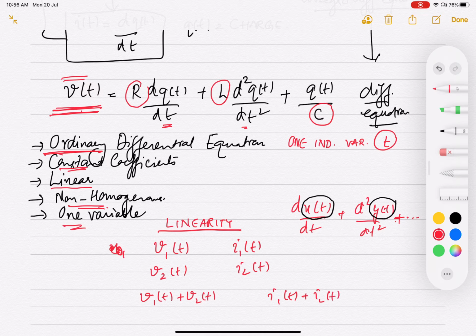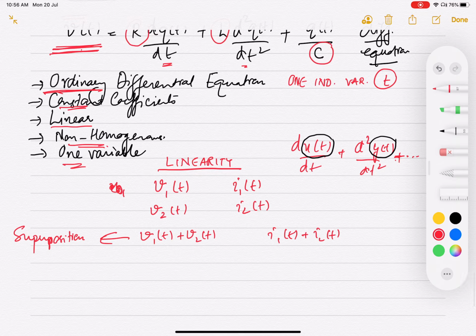This is called the principle of superposition. This is one principle which is holding in this circuit. So if the response to the input v1(t) is i1(t) and the response to the input v2(t) is i2(t), then the response to the sum of the two inputs is equal to the sum of the two outputs, right?